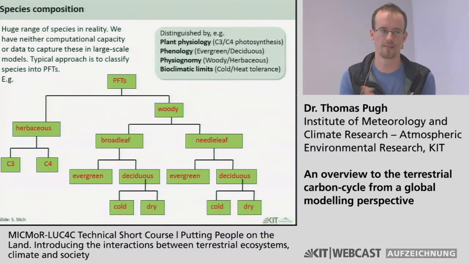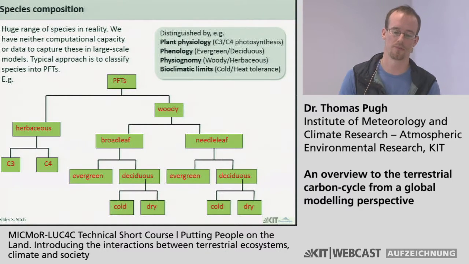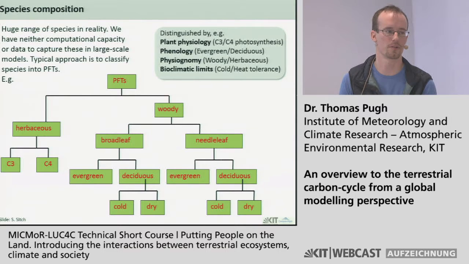So we break these down into groups that we call plant functional types, and we differentiate these by different traits. So by the type of photosynthesis, by whether it's evergreen or deciduous, whether it's woody or a herbaceous plant, or the bioclimatic limits are typical, but there's all sorts of different ways we can do it. Typically in global models we have maybe 5 to 15 different classes of plant functional types, which try to capture all the variation in global vegetation.